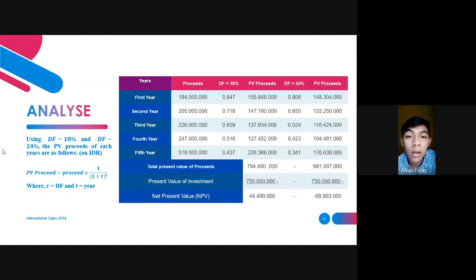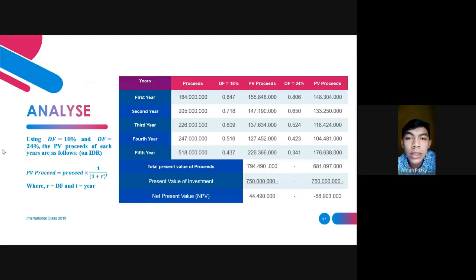The result of NPV for the discount factor of 18% is 44 million and 490,000 rupiah.